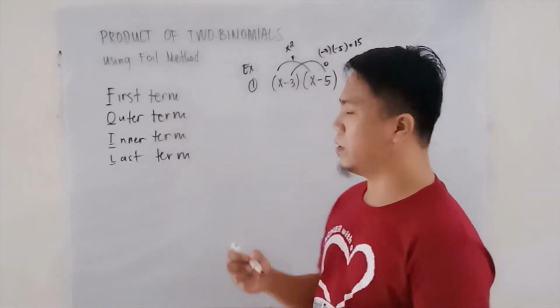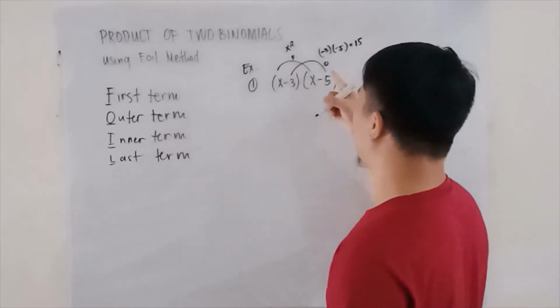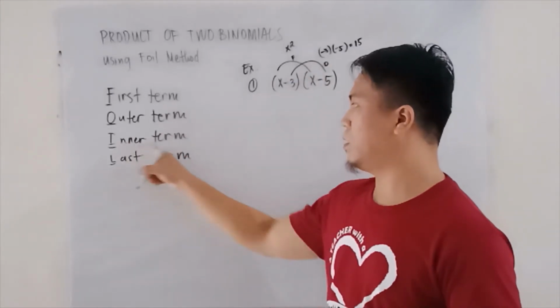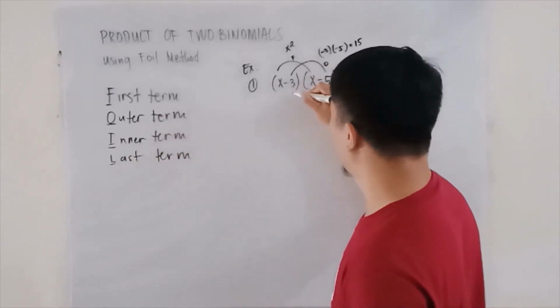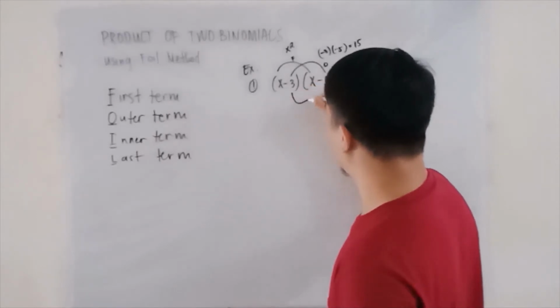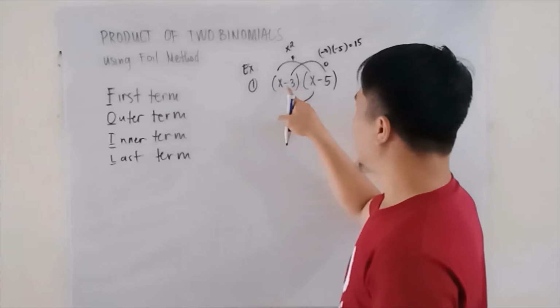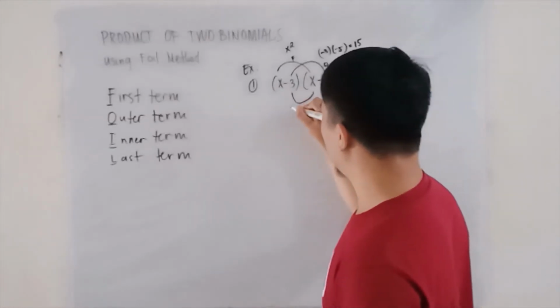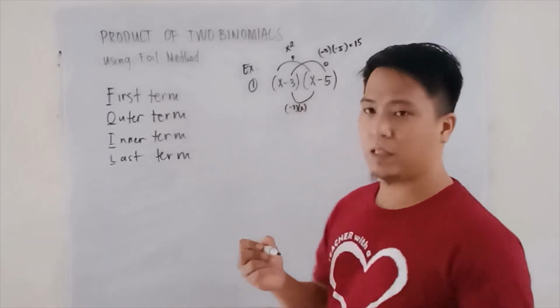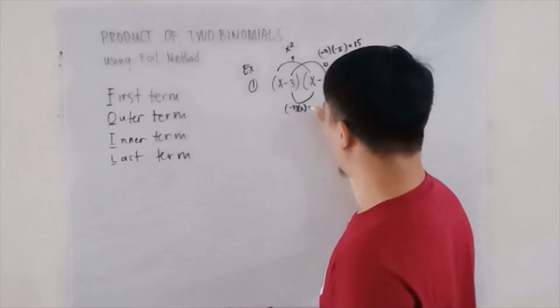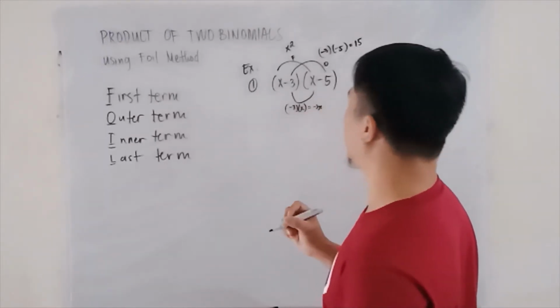Okay, so now, after we have the outer term, we proceed to the inner term. So we have negative 3 times x. Negative 3 times x is the same as negative 3x.